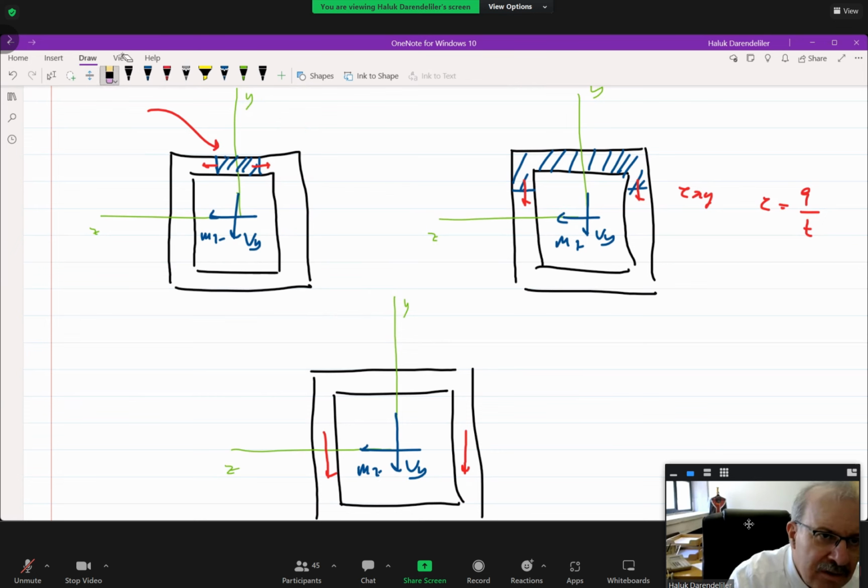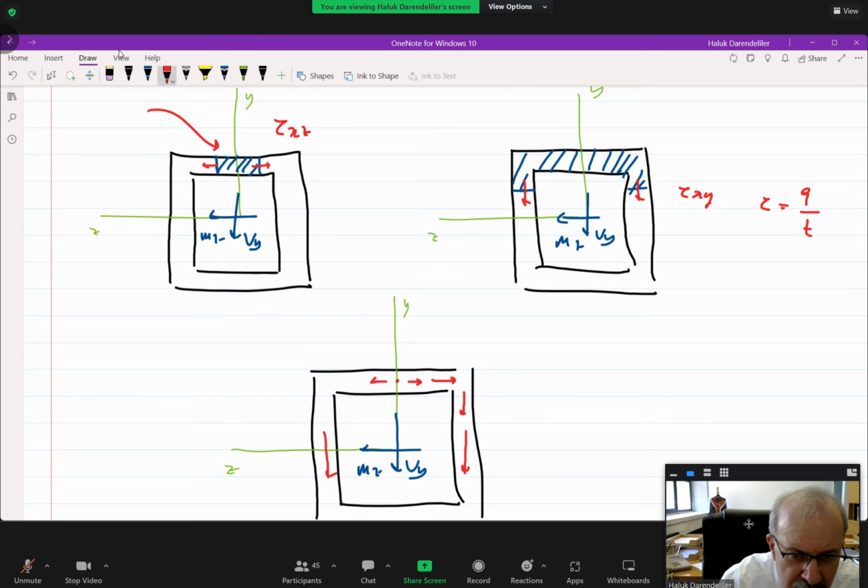Friends, look, where were we finding this tau xz from? We were finding this tau xz from VQ over It, right? As this area becomes smaller and smaller, Q is the smallest. So there is no shear stress at this point in terms of tau xz. But as you go outside, it increases like that, then turns its direction.